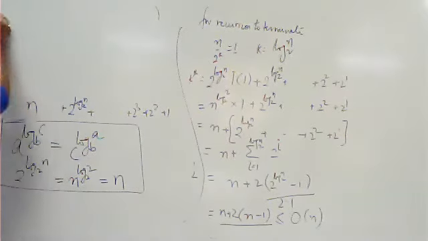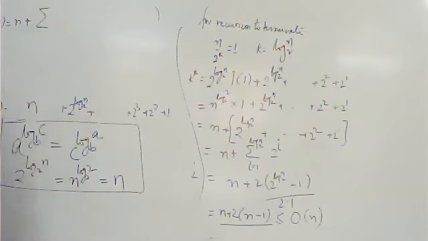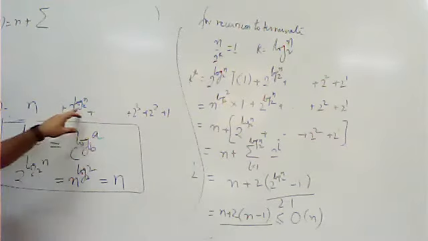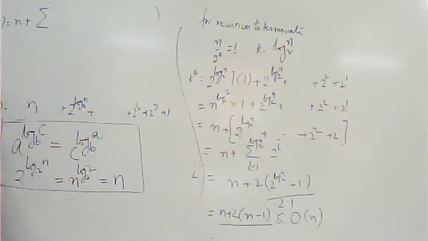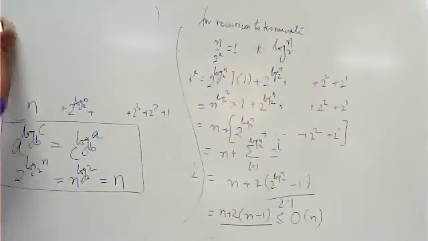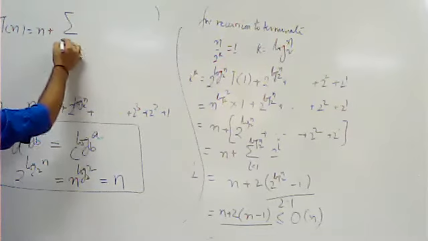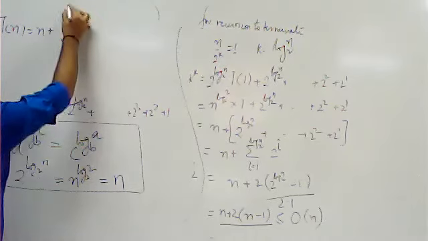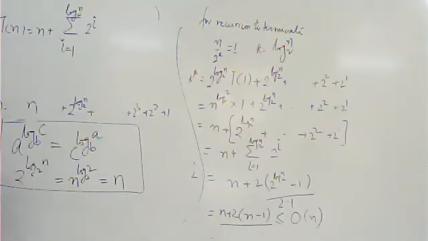Now this series we can write like this: Tn is equal to n plus sigma, starting from i is equal to 1 and going to log n base 2, 2 to the power i.